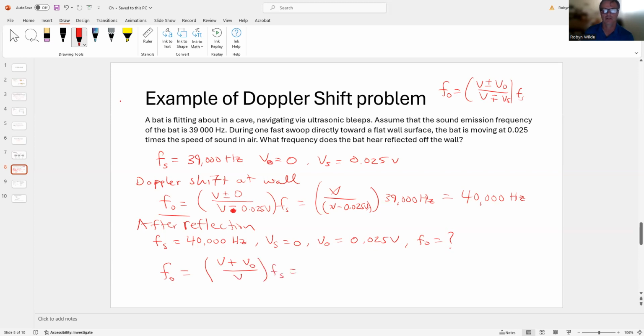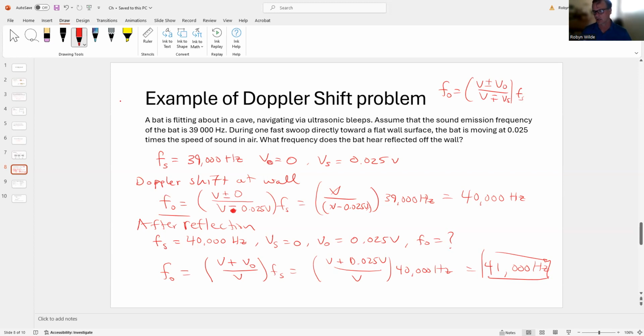Plugging in the numbers, I'm going to get (v plus 0.025 v) over v, which is 1.025 v over v, times the 40,000 hertz. The v's will all cancel again, and if you do this, you'll get about 41,000 hertz. And this is the ultimate answer we wanted, because that is the reflected frequency that the bat will actually hear.